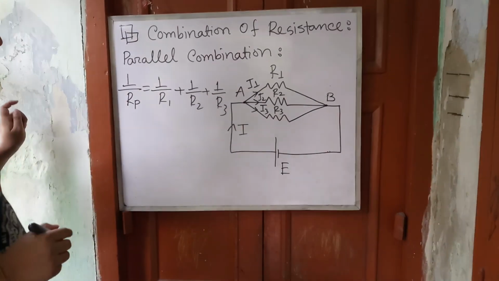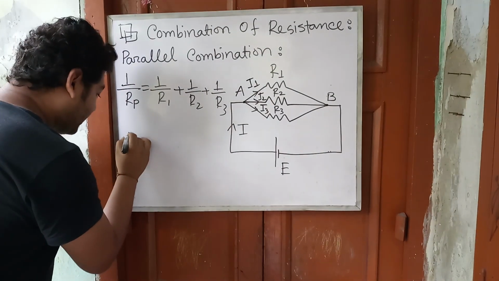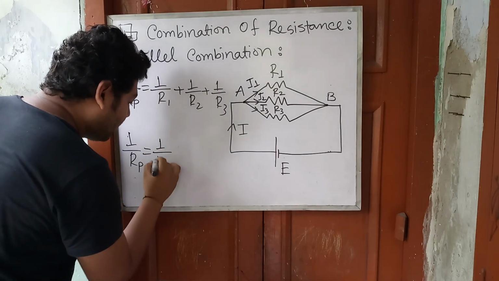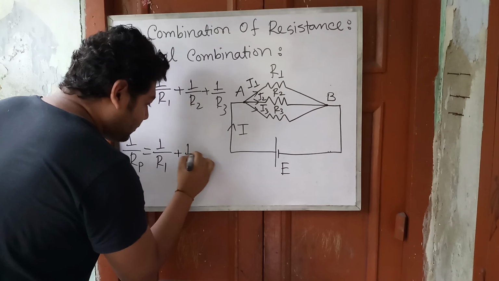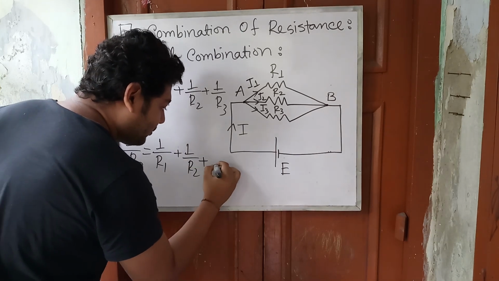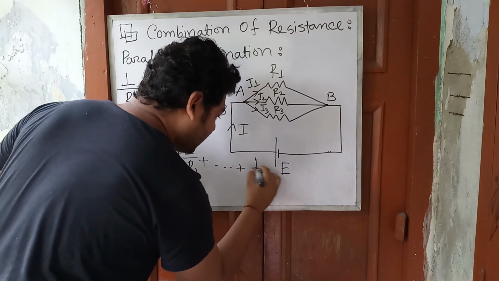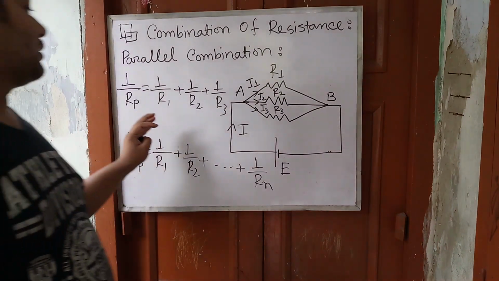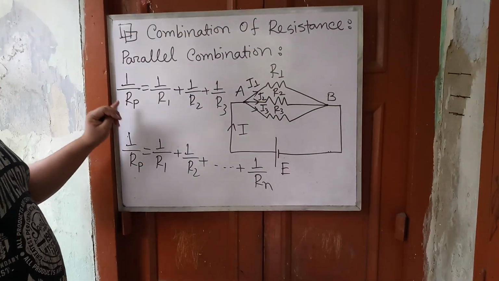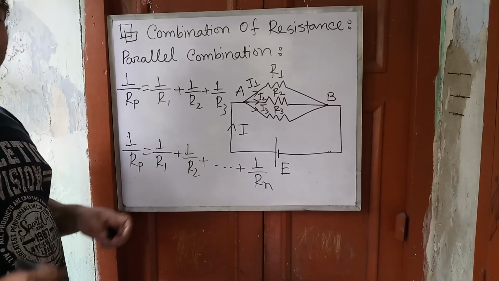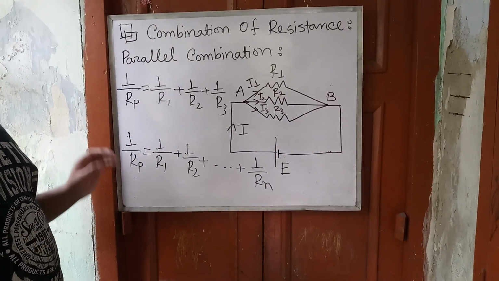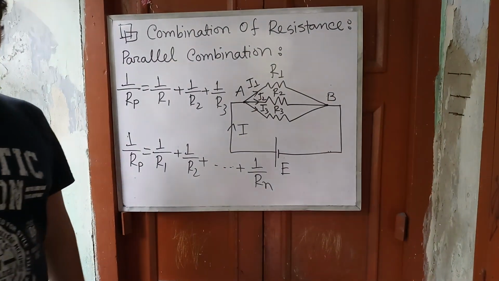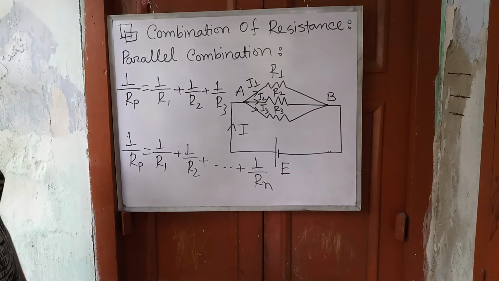For n number of resistances, we can write 1 by Rp equal to 1 by R1 plus 1 by R2 plus up to plus 1 by Rn. This formula is called the equivalent resistance of parallel combination.